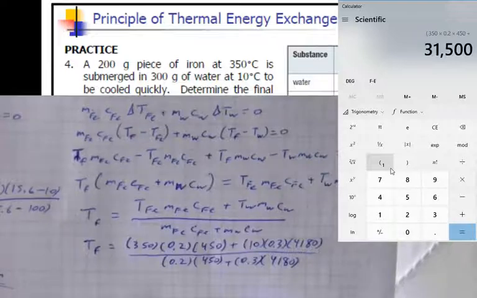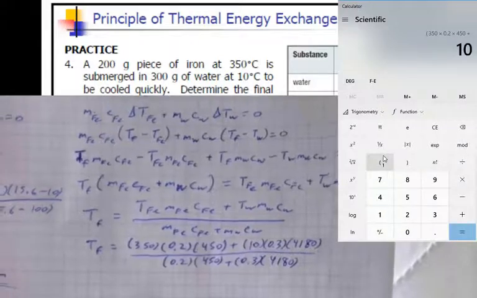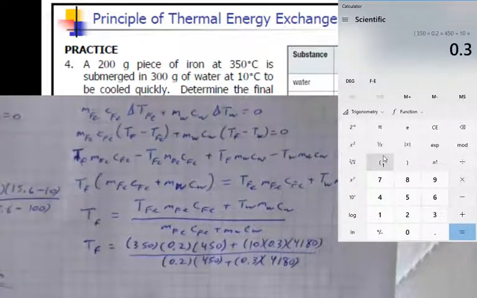The calculator's buttons are too close to each other on here, so let me try this again. Bracket 350 times 0.2 times 450 plus 10 times 0.3 times 4,180.